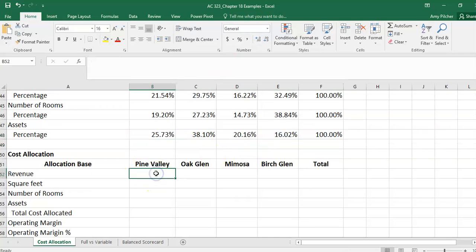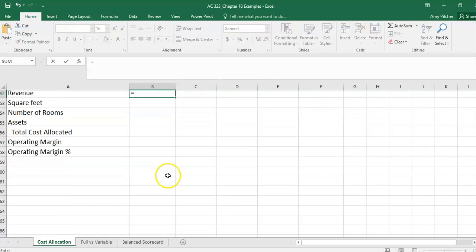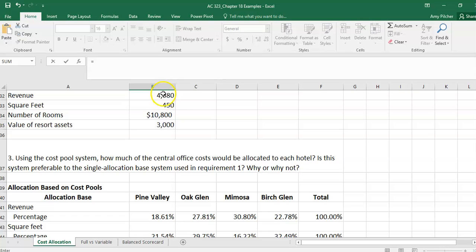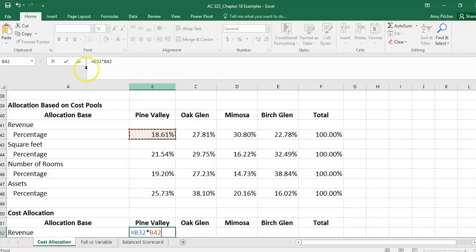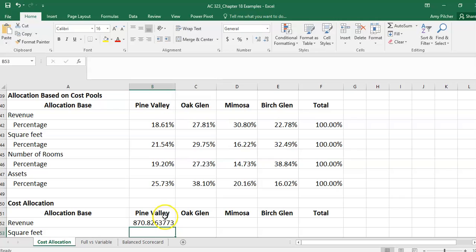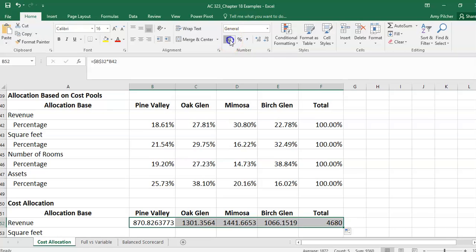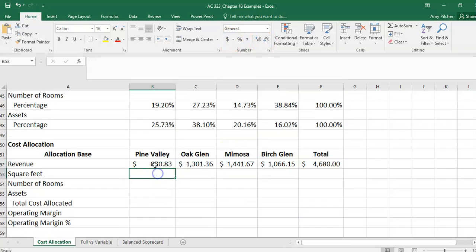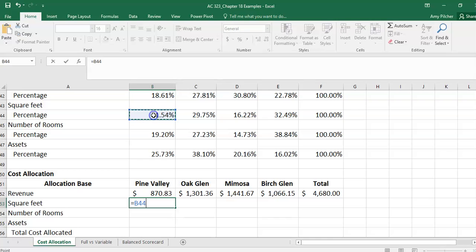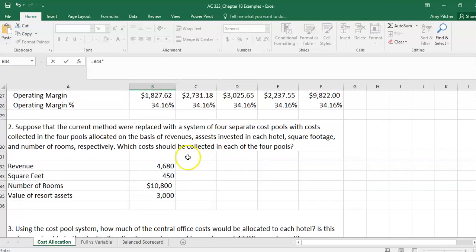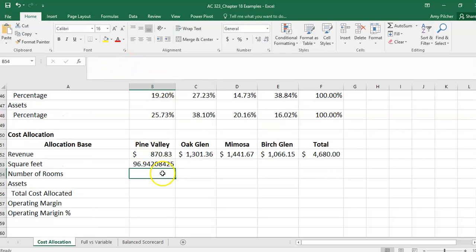We then allocate those costs that we calculated based on their percentage. So we take the revenue allowance from here times the percent of revenue. We want to lock that revenue cell so we can carry it across. Square feet, we take the percentage of square feet times the amount that we have allocated to the square feet cost pool.